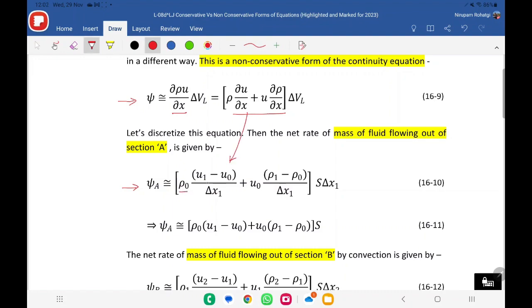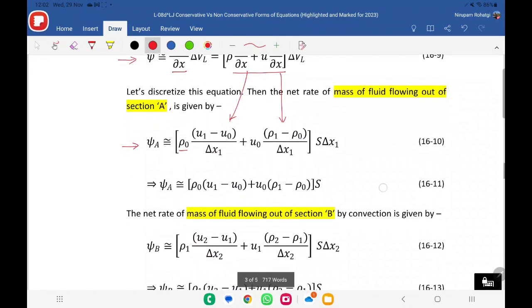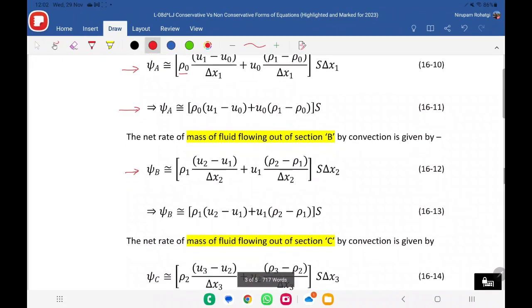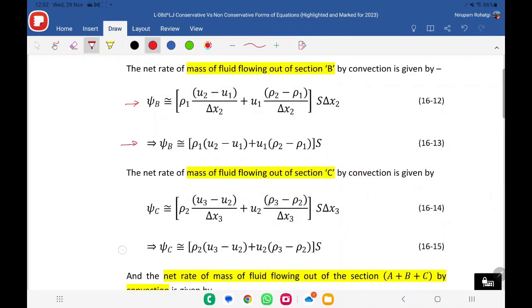Rho 0 you will have to take u1 minus u0, and for this it will be u0. Right? And then it will come out to be this. You do it for psi B, for element B, it will be this. Right? And you do it for element C, it will be C.